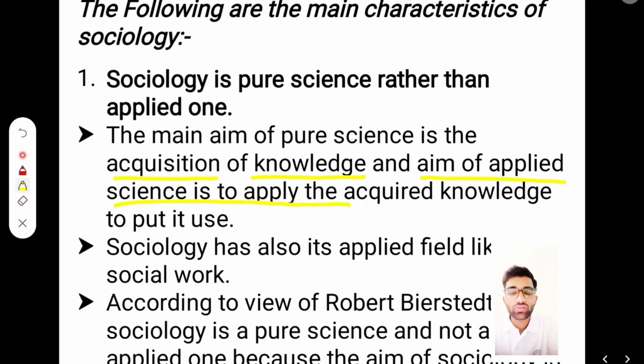What we learn through society, we have to apply wherever it is necessary, to put the acquired knowledge to use.